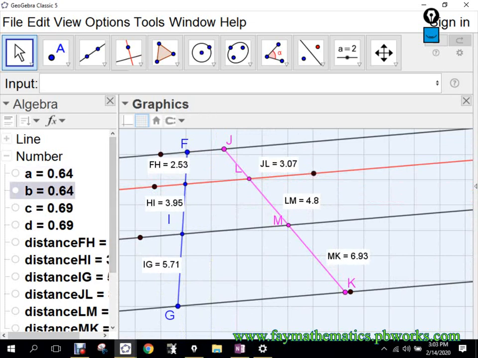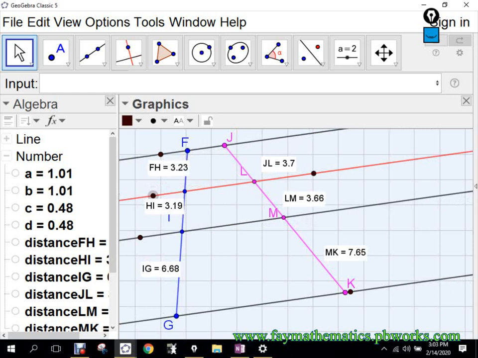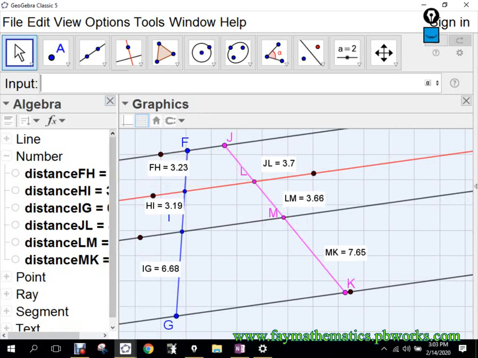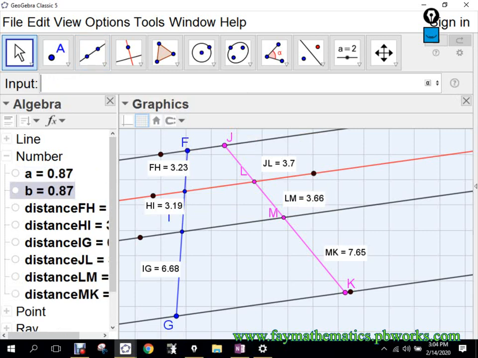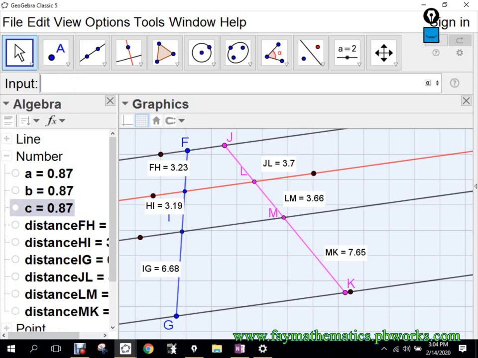Let's jump across the shape now. FH compared to JL, so this top segment compared to that segment there, gives me 0.87. Let's go HI compared to LM: 0.87. IG compared to MK: 0.87.